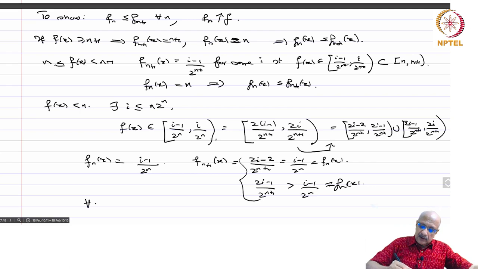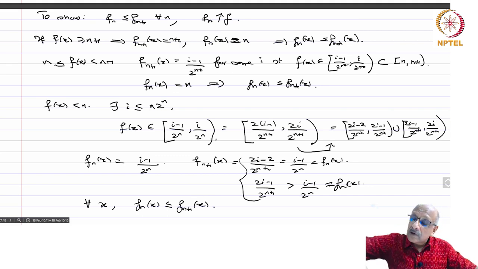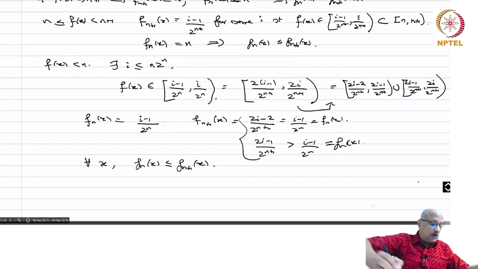Therefore, for all x, we have f_n(x) is less than or equal to f_{n+1}(x). So this is a monotonically increasing sequence.